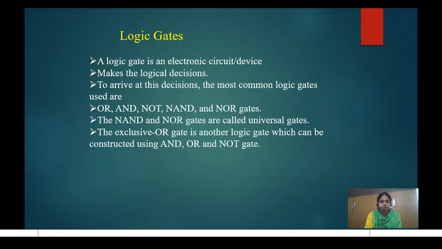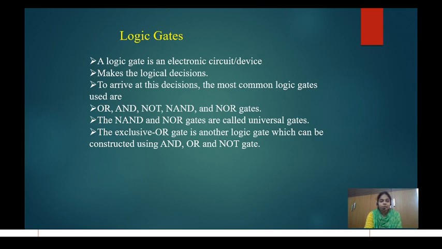A logic gate is an electronic circuit or device which can make logical decisions, and digital logic systems can be designed by using logic gates, such as OR, AND, NOT, NAND and NOR gates. Logic gates are of two types, basic gates and universal gates.